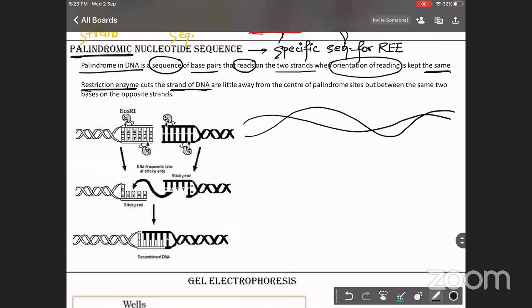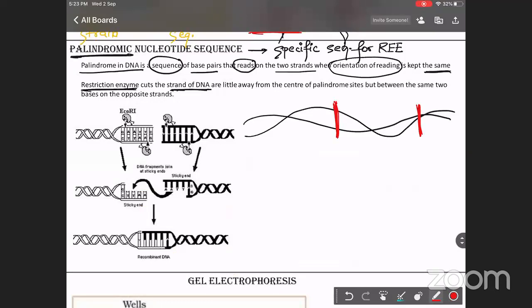If they are cutting the strand, they have searched or inspected the complete DNA sequence, and within these two red lines they have found their palindromic sequence.